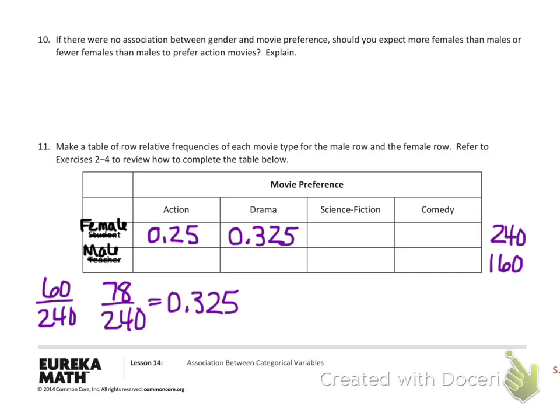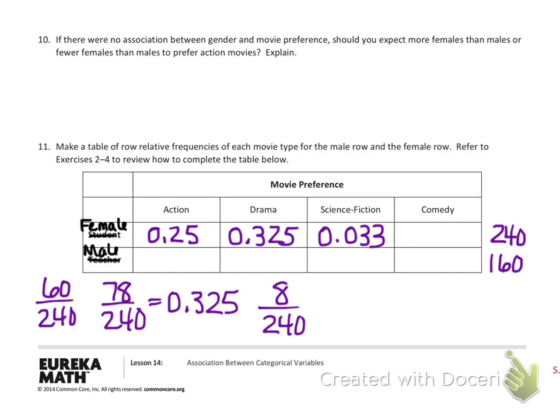Science fiction. How many females? There were 8. 8 out of 240 preferred science fiction. Okay, so that proportion is 0.033, and so like 3%, 3.3%.